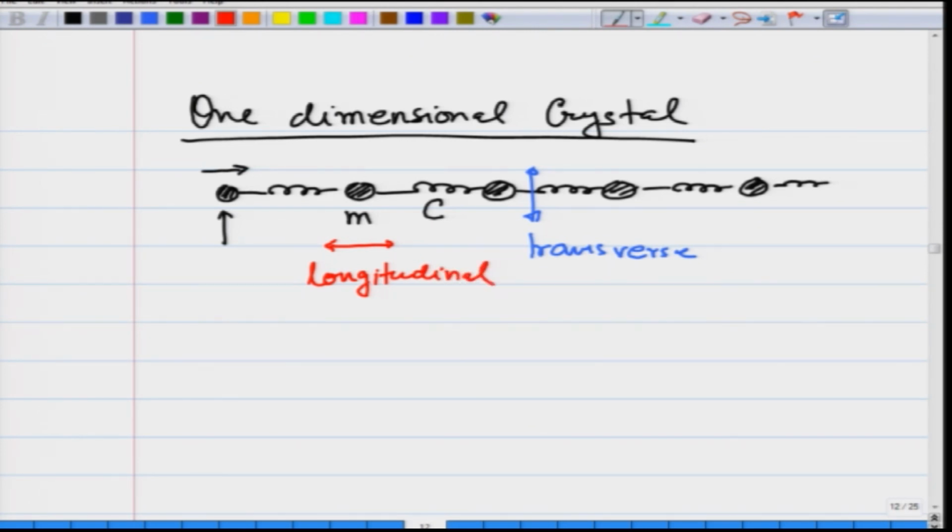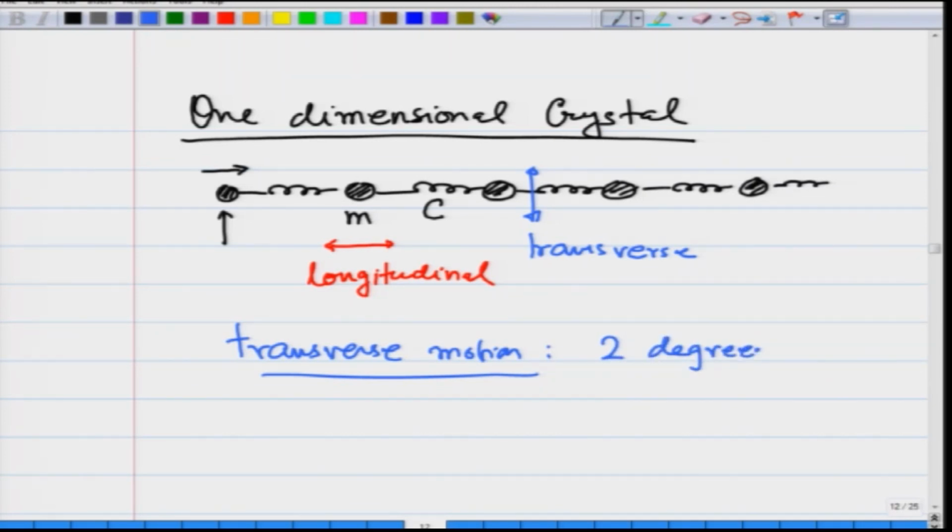And right away I will tell you that if I have a transverse motion, it has 2 degrees of freedom. Why? Because the motion could be along the plane of this screen or perpendicular to it. So, there are 2 degrees of freedom.